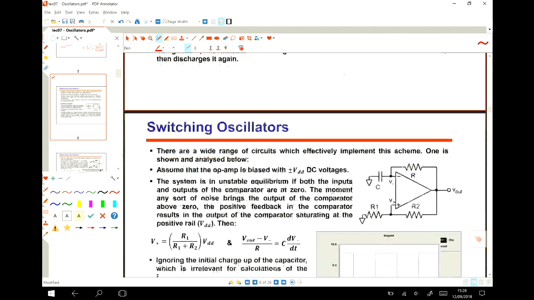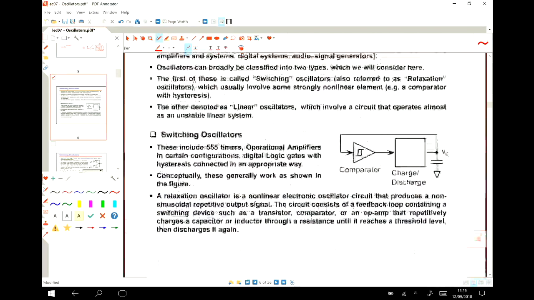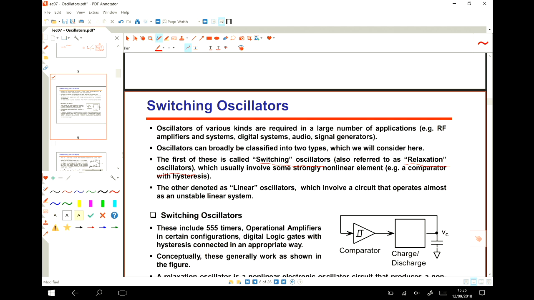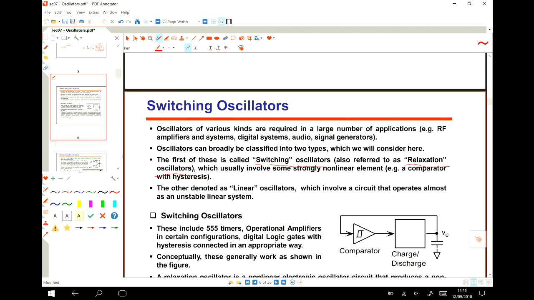The other name for the switching oscillators, usually in the literature, is relaxation oscillators, so they are the same. If somewhere you see the term relaxation oscillator, it means that it's a switching oscillator.